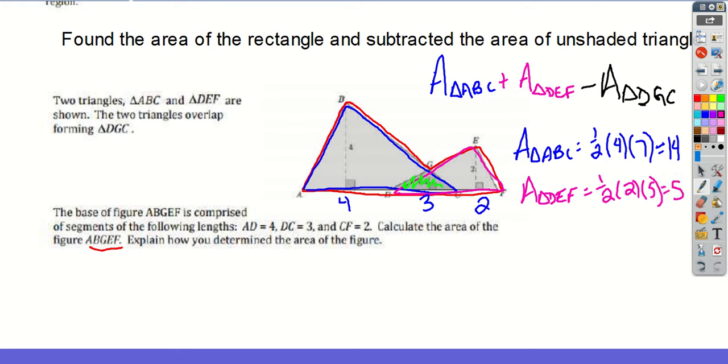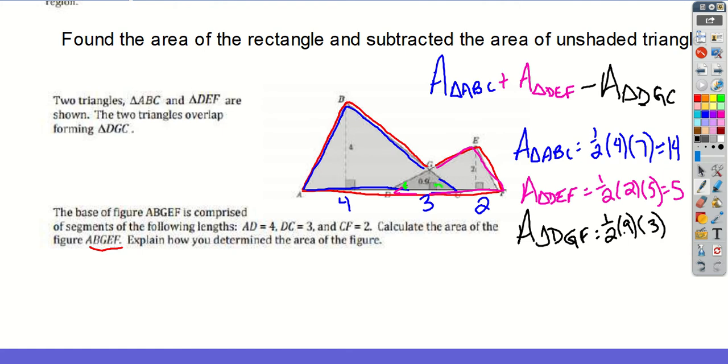So this is 5. And then the area of triangle DGF is 1/2. And I believe, I can't see it real well, I'm going to get a little eraser here, is 0.9. So that's 1/2, 0.9 times the base, which is 3.